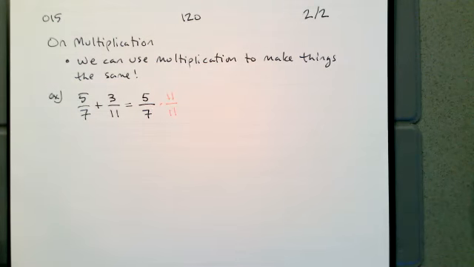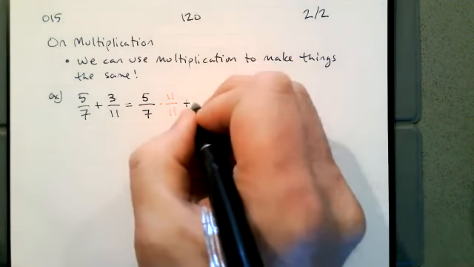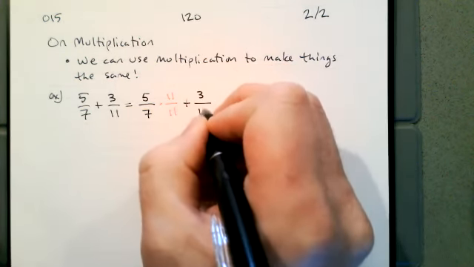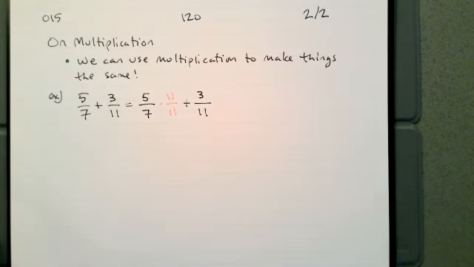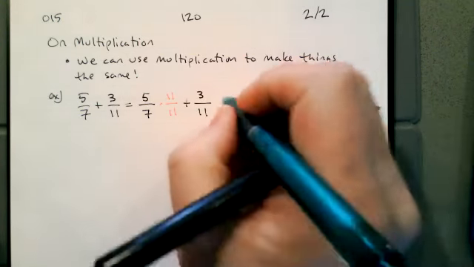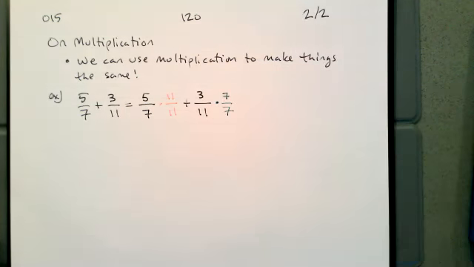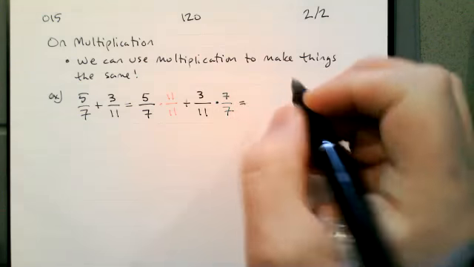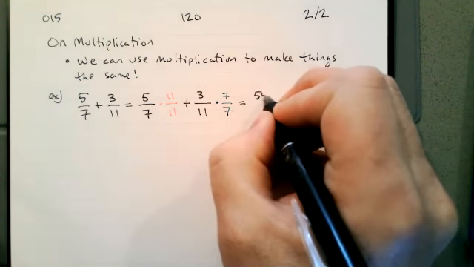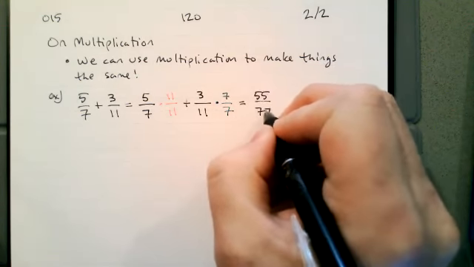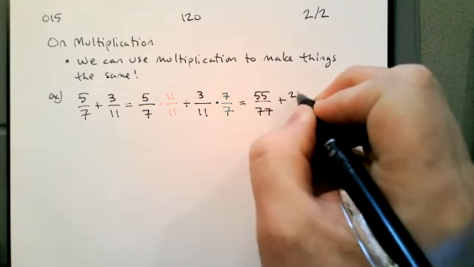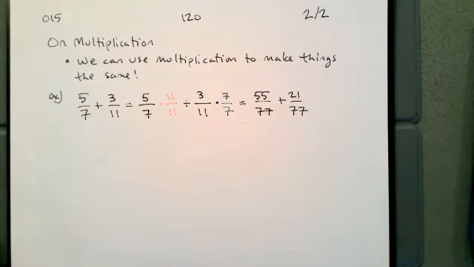I can't change the value of the fraction, so I'm going to multiply it by 1. And the same thing with the 3 over 11. I can't change the value of the fraction, so I'm going to multiply it by 1. And now they are the same. I have 55 over 77 plus 21 over 77.